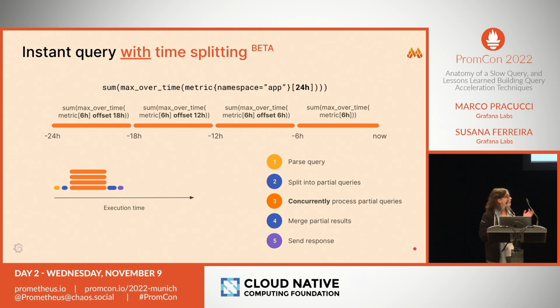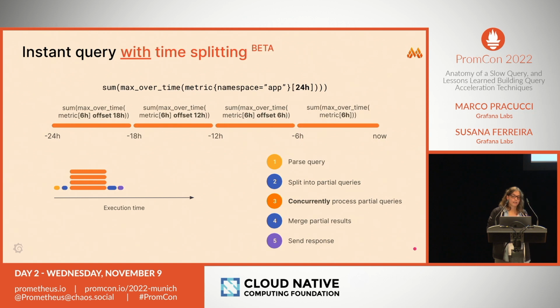So in our case, we have the sum max over time over 24 hours. And we can split it with a split interval of 6 hours into 4 partial queries, each one covering an interval of 6 hours. This means that the first partial query, from now, will take into account the last 6 hours of data.